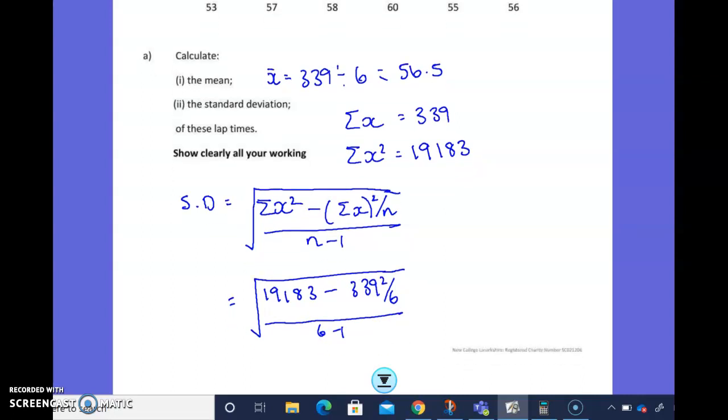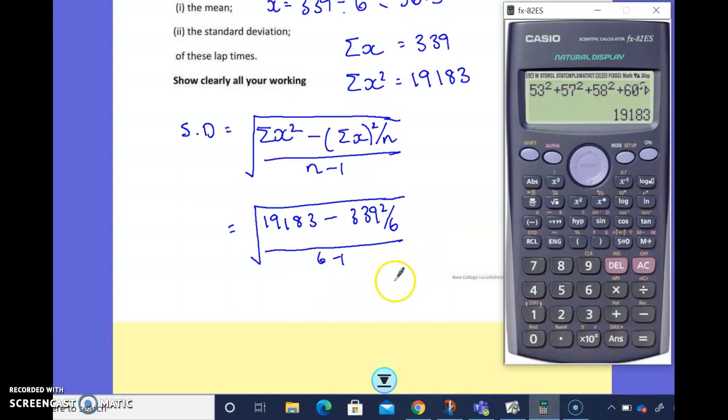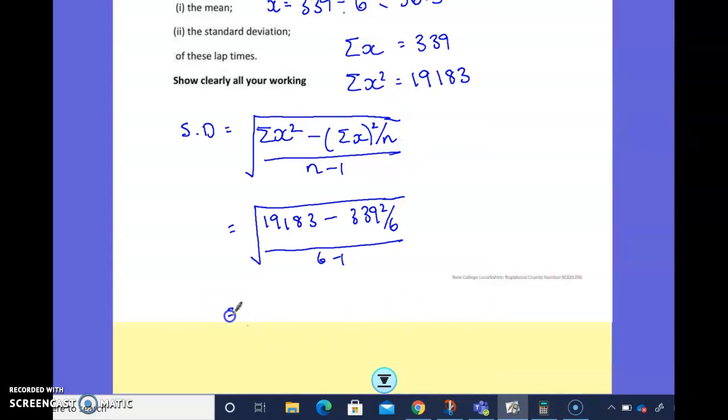Let's get the calculator working. So 19183 minus 339 squared over 6, which is 29.5. So the square root of 29.5 divided by 5.